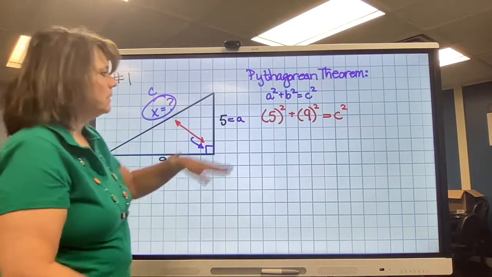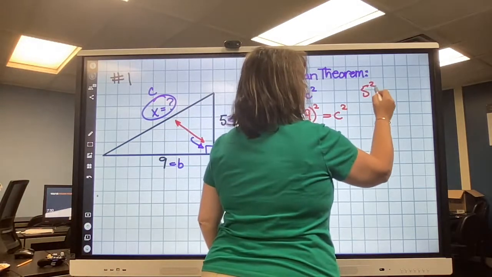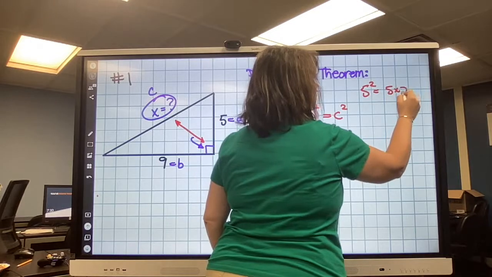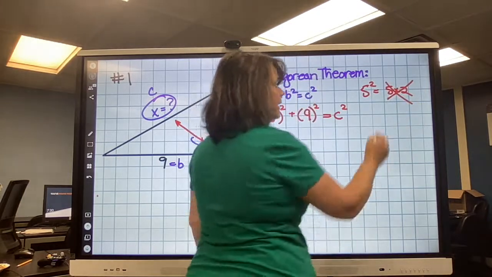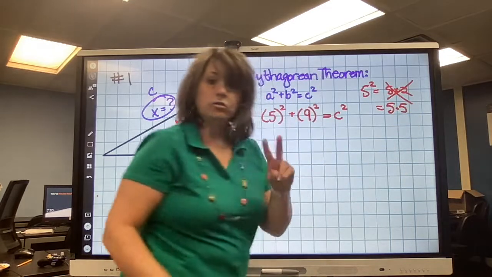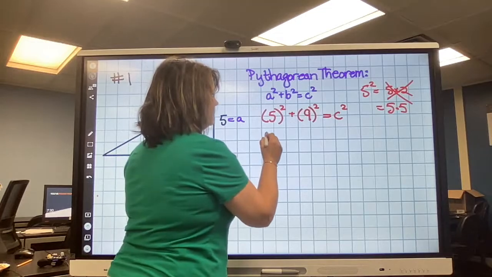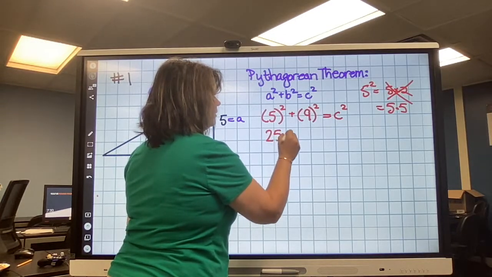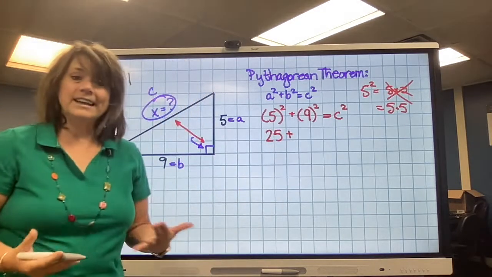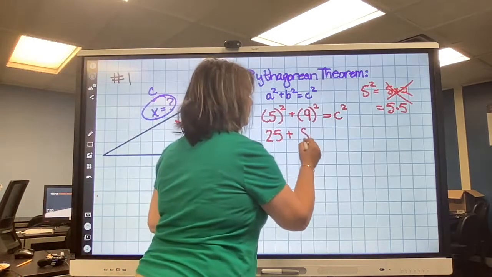So if we take 5 squared, remember, 5 squared does not mean 5 times 2. Remember, 5 squared actually means 5 times itself 2 times. So that's important to remember. So 5 squared would be 5 times 5, which is 25, plus 9 squared, which is 9 times 9, which is 81.